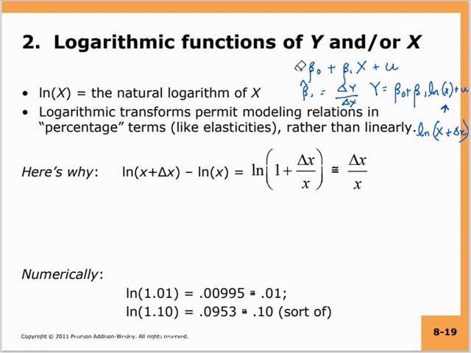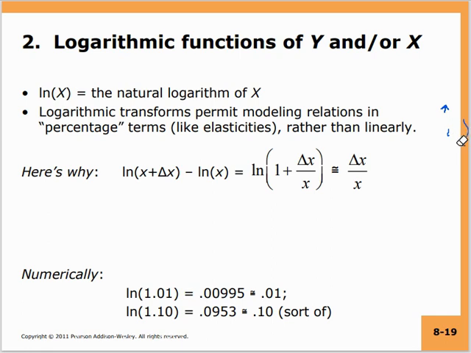Now ln of x plus delta x minus ln of x can also be written as ln of (x plus delta x) by x, given one of the identities in logarithmic ratios: the log of a ratio is written as the log of the numerator minus the log of the denominator.